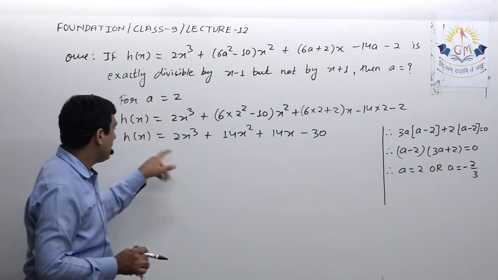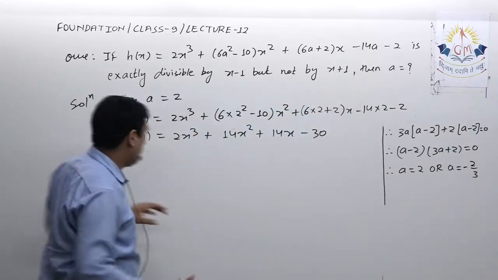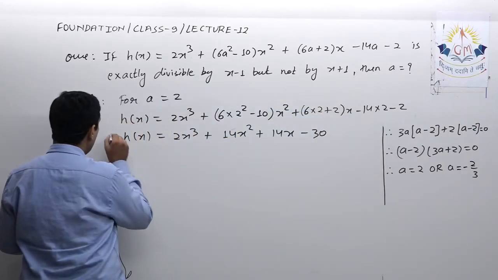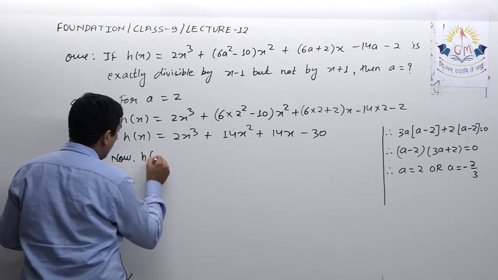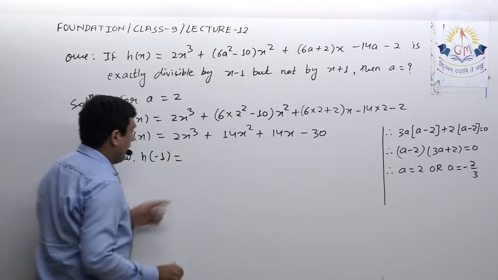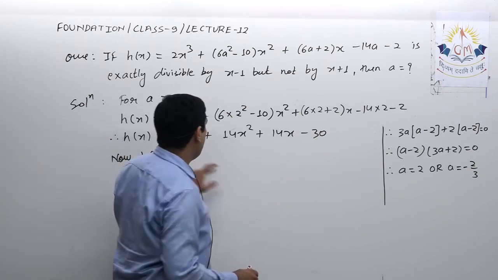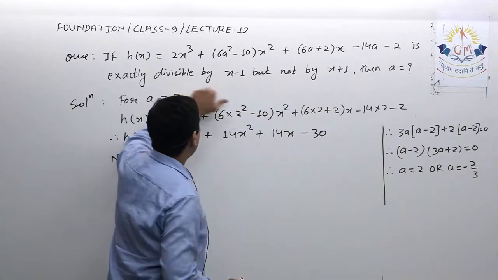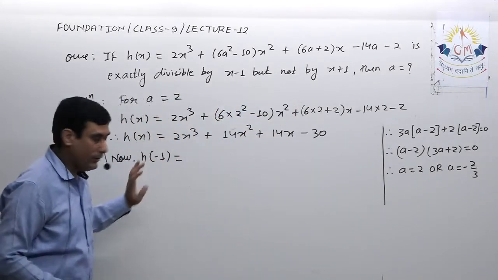Now we have to check whether h of minus 1 is equal to 0 or not. See, if we get h of minus 1 equal to 0, that means the polynomial is divisible by x plus 1, then in that case this won't be the correct value.